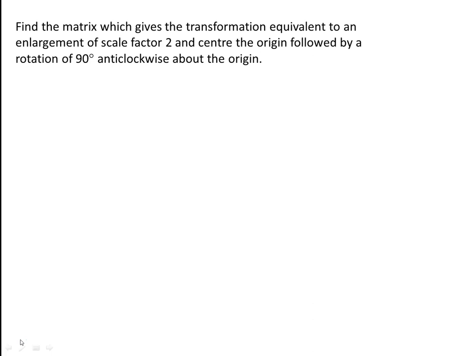So the point 1, 0, first of all, when we enlarge it with centre the origin, with scale factor 2, becomes the point 2, 0. And then if I rotate the point 2, 0 by 90 degrees anti-clockwise about the origin, that is going to end up being the point 0, 2.